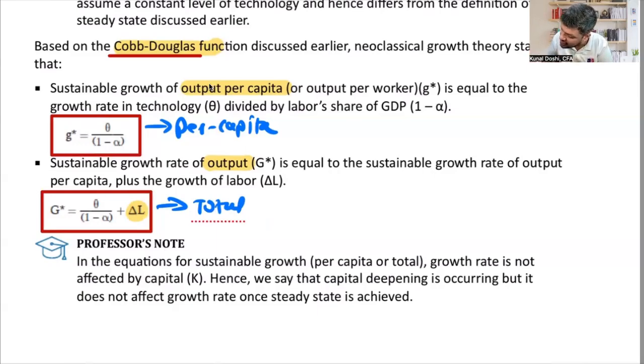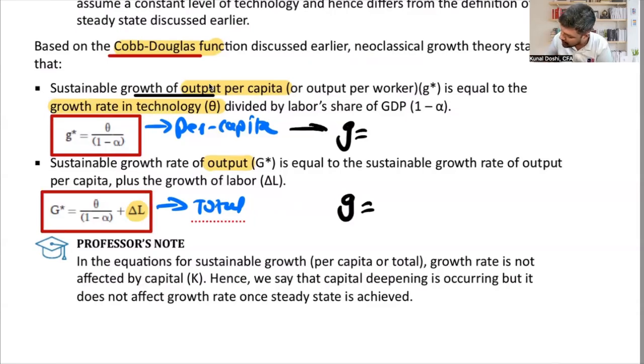That theta is the growth rate in technology. So basically, in the formula we are looking for growth in output per capita or growth in GDP, either per capita or total. The first one is growth in GDP per capita, and the second is growth in total GDP.